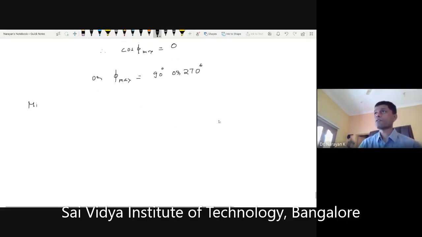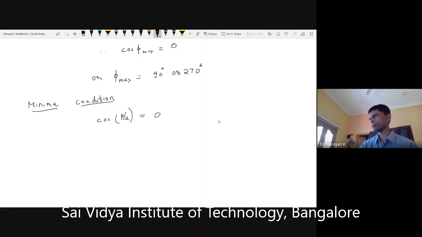Next, this is your minima condition. In your minima condition, I will equate cos of psi by 2 to 0, or cos of pi by 2 cos phi, I'll equate it to 0.